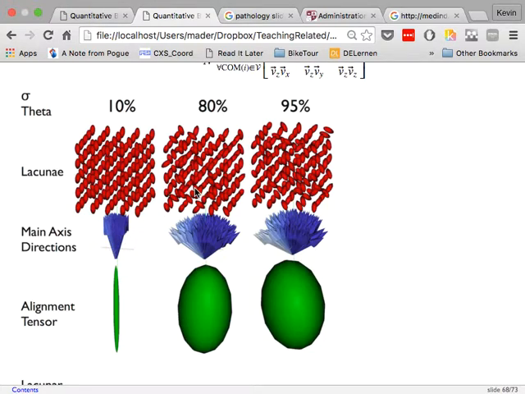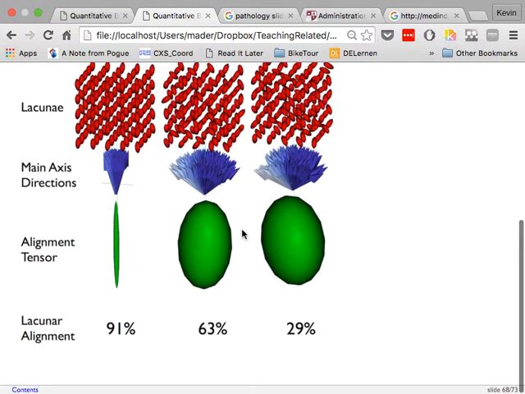As we start to make these objects more and more randomly oriented, we see that this alignment tensor gets more and more spherical. And so if it's perfectly spherical, it means the objects are oriented in every possible direction. There's no alignment. And the more oriented it is, or the more elongated it is, the more oriented the sample is. And so it basically gives us a degree of alignment that we want to have based on how anisotropic the structure is.